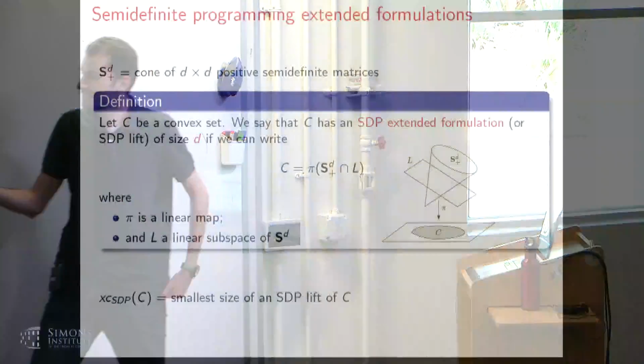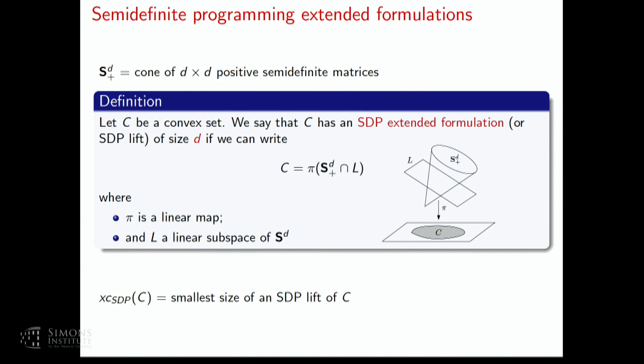The question that you can ask is what are the convex sets that actually admit in the first place a semi-definite representation. There's one necessary condition that you can write. Of course C has to be convex. This is clear because the linear image of a convex set is convex, but you can also see that it has to be semi-algebraic.